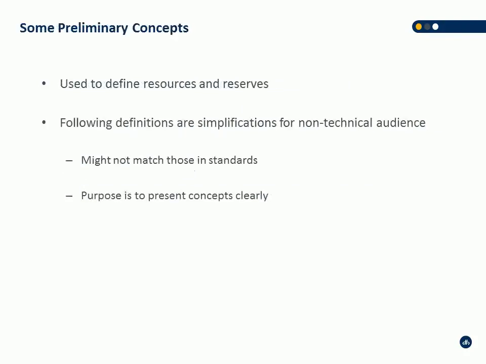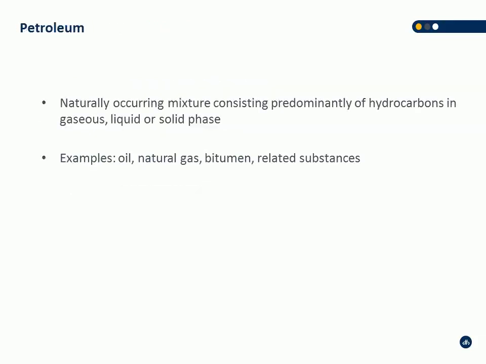So what we're going to be talking about is how we define resources and reserves. We're going to start out with some high-level, non-technical concepts that are hopefully a little easier to understand than the official definitions. So they may not match exactly the definitions that you would find inside the documentation.